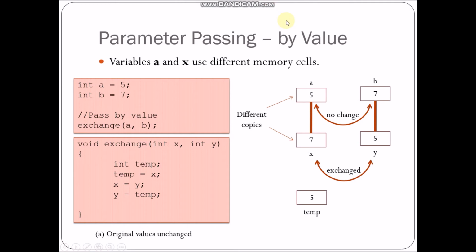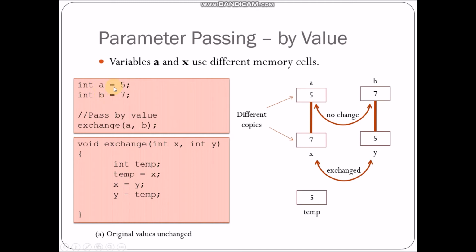Okay, then I'll proceed with the structure of how parameter passing by value works. So for example here, you will have the variable a and also variable x. They will use different memory cells. So here, in the main function, you will declare and initialize the values of a and also b.